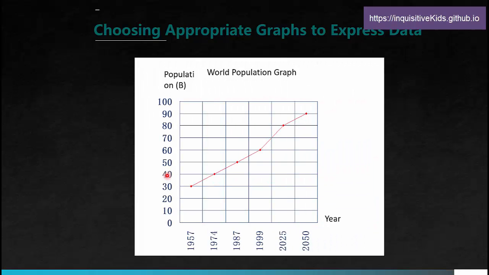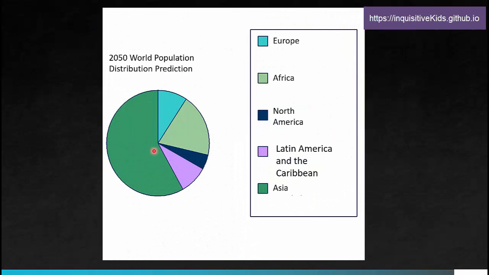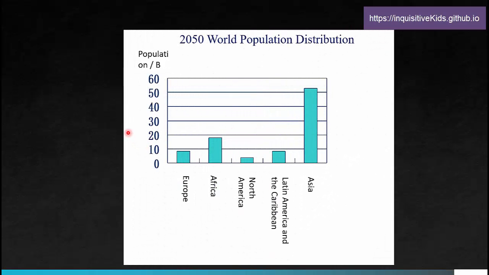Choosing appropriate graph to express data. So right here is a world population graph. And this is showing the exact same data as the last one on the last slide, except in a line chart. This is a pie chart and another bar chart.